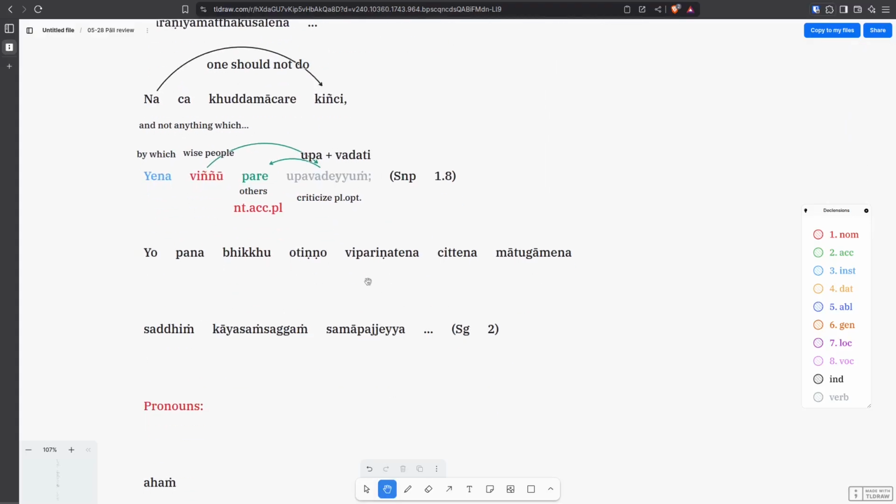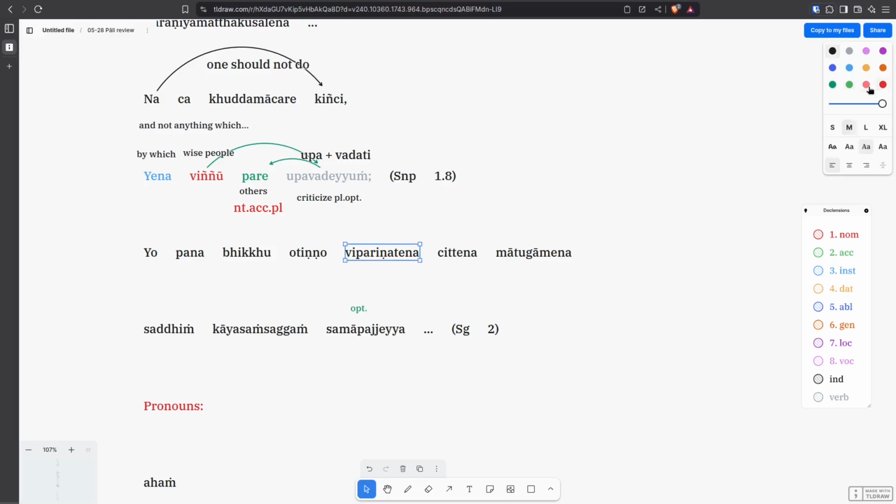And this one is from the Pātimokkha chanting: Yo pana bhikkhu otiṇṇo viparīṇatena cittena mātugāmena saddhiṃ kāyasaṃsaggaṃ samāpajjeyya. So here is an example of another optative form, like samāpajjeyya, the touching or grabbing or holding of the parts of the body of a woman, with mātugāmena, with a distorted mind, overcome by passion.